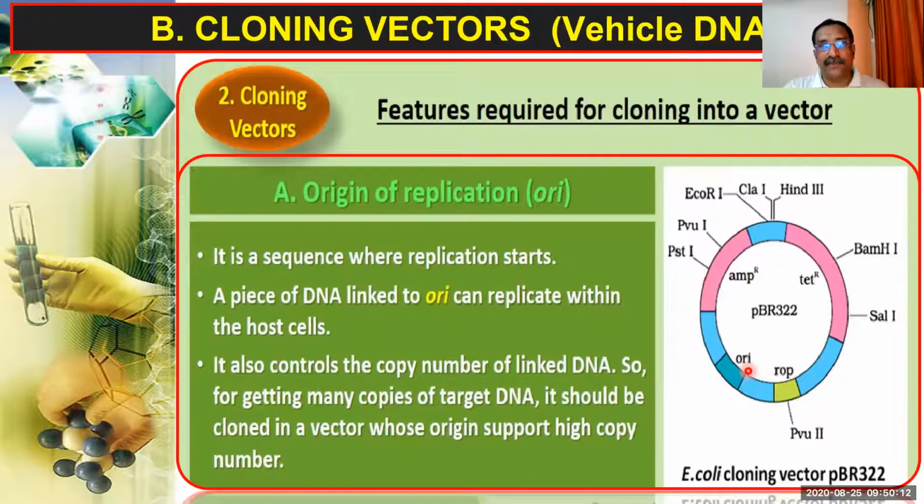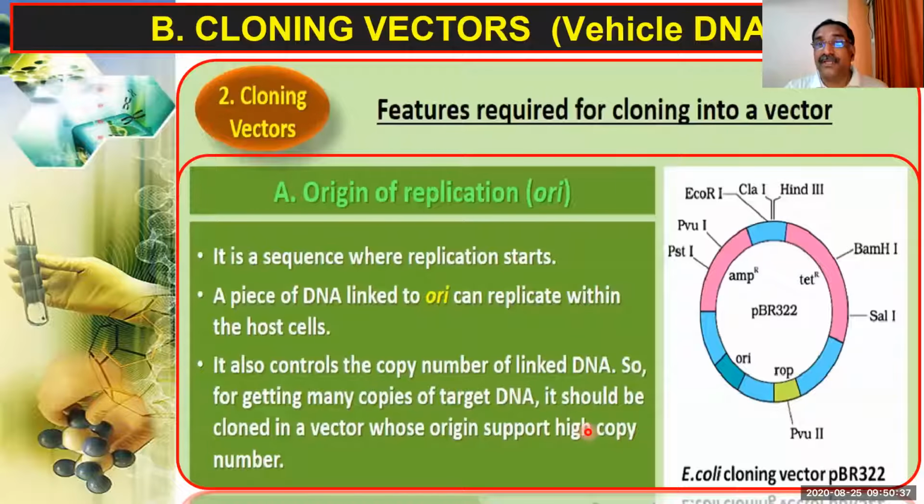So if you want many copies of the foreign gene, you have to attach it to an origin that supports high copy number. I also told you that sometimes you will get more, sometimes less.